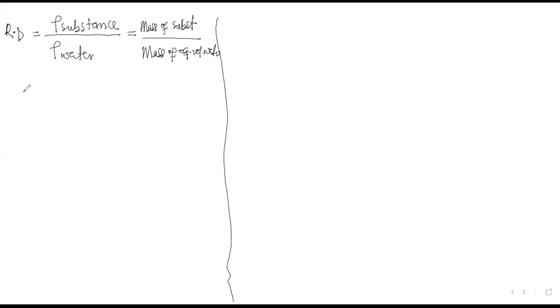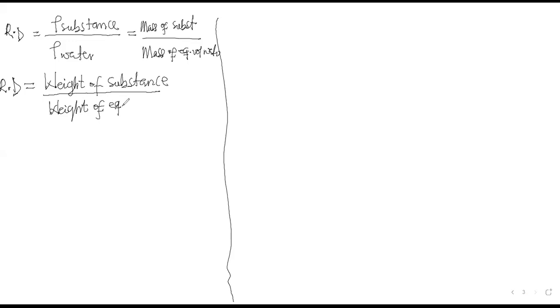We can also express the same relative density in terms of weight. RD is also the weight of substance divided by the weight of equal volume of water. We are always choosing the volume of water equal to that of the substance.